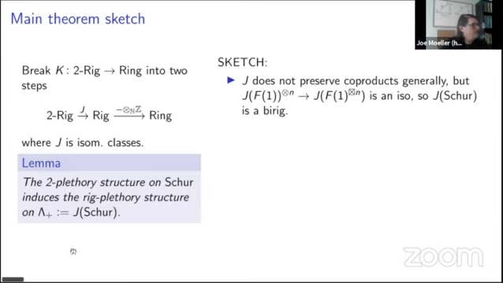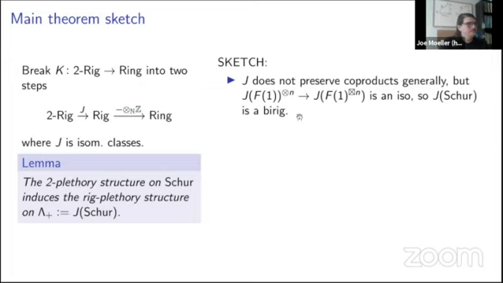So now I'll begin telling you why this is true. So we already have that taking isomorphism classes is going to be a ring. That's not too surprising, but taking isomorphism classes does not preserve coproducts of 2-rigs in general. That would make it really easy to say that we get a birig automatically, but it does happen to preserve these coproducts, in particular these tensor products of the free 2-rig on 1.